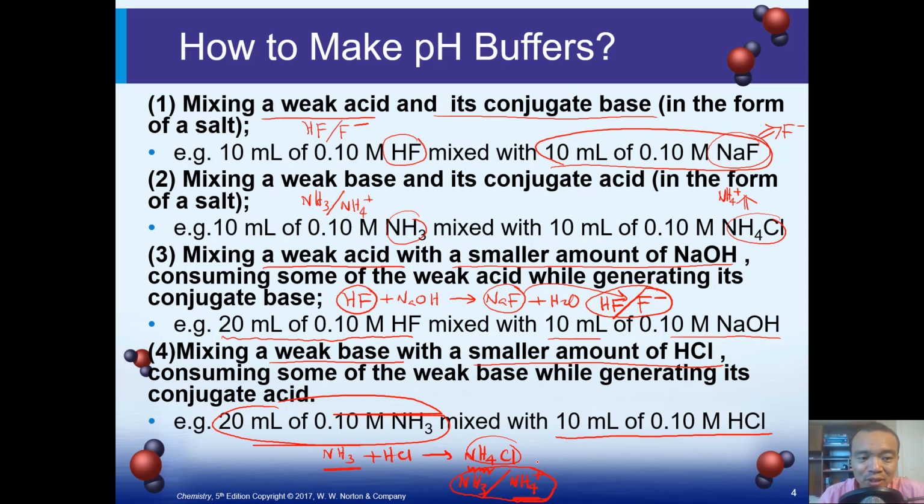You can also mix a weak base with a smaller amount of strong acid like HCl. After you mix these, you have a pH buffer. You will be able to calculate the pHs for these pH buffers.